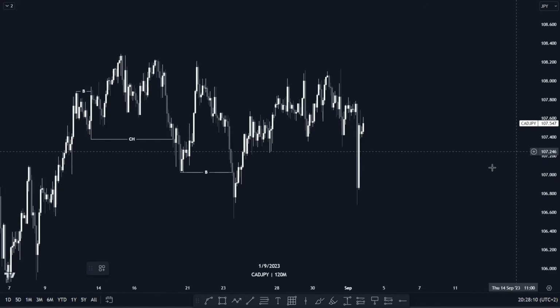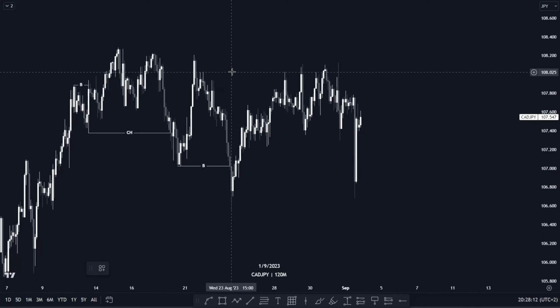And what happened? Price respected our lower high twice, not once but twice, and has more than one lower low, which means we are in a confirmed bearish trend.